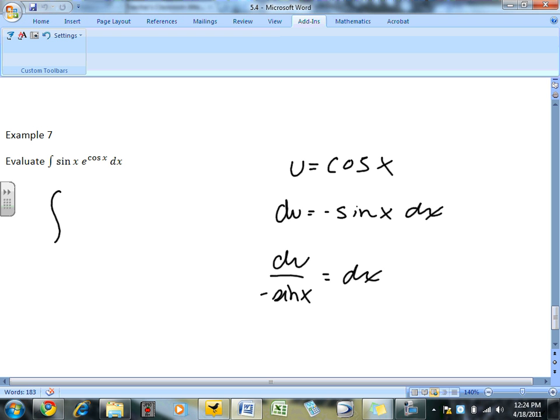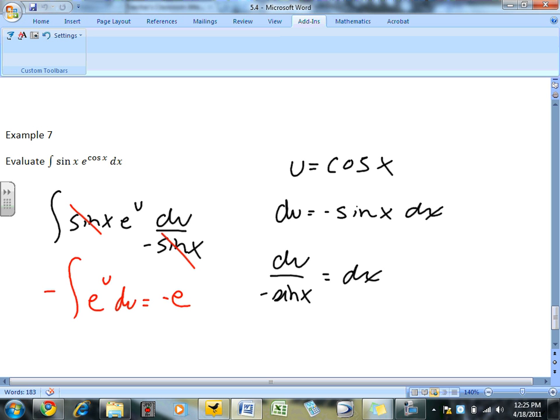So I have the integral of sine x e to the u, and then dx equals du over negative sine x. The good thing here is we can cancel our sines out. I'm still dividing by negative 1, but we know we can pull that negative 1 out. So I have negative the integral of e to the u du. So my integral is negative e to the cosine of x, plus c.